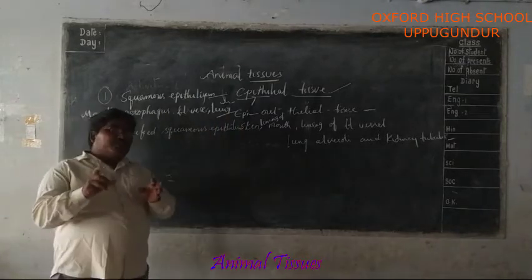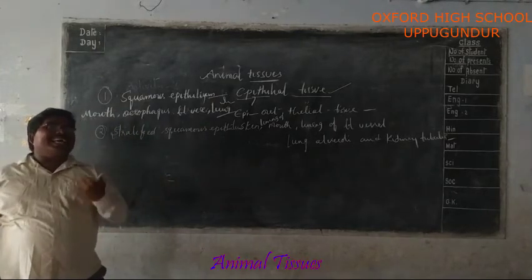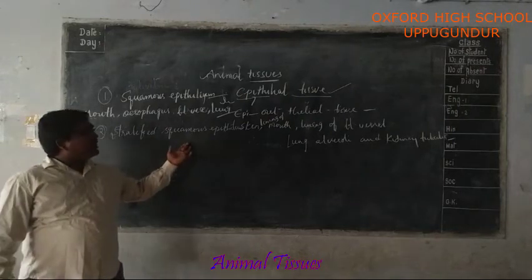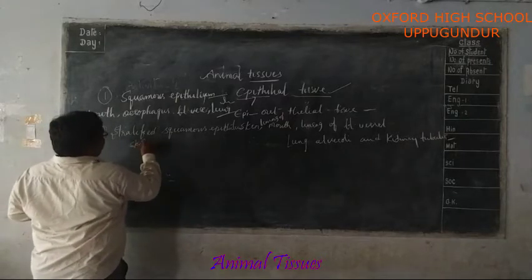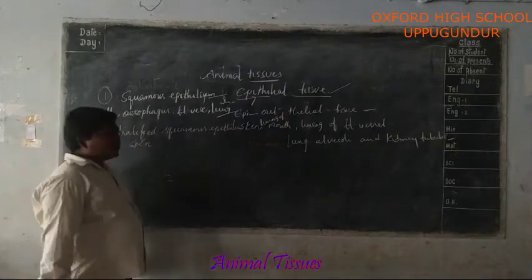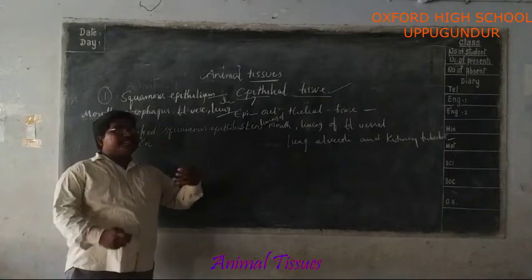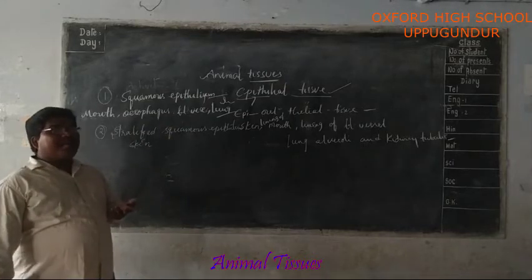The epithelium tissue present in the skin forms layers. It is called stratified squamous epithelium. Where is it located? It is in the skin. Do you understand? The stratified squamous epithelium tissue present in the skin forms the layers.